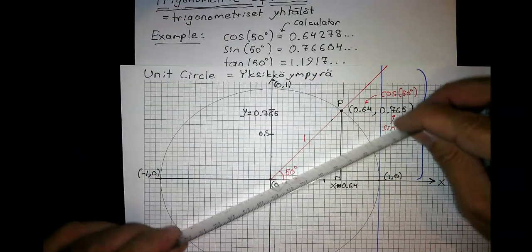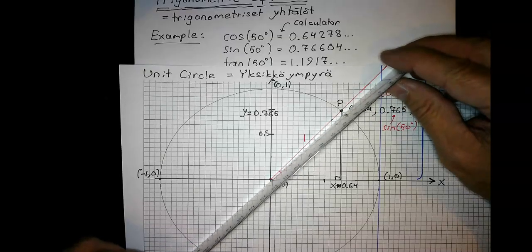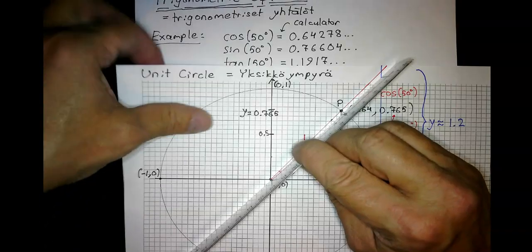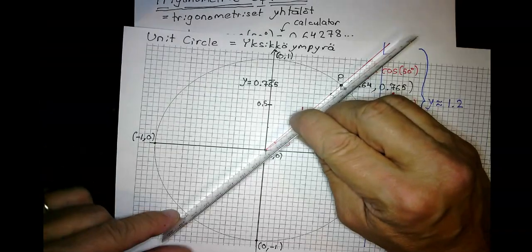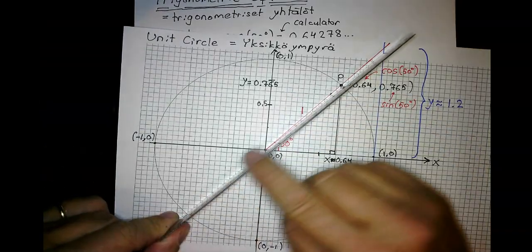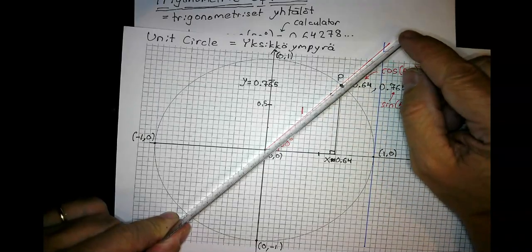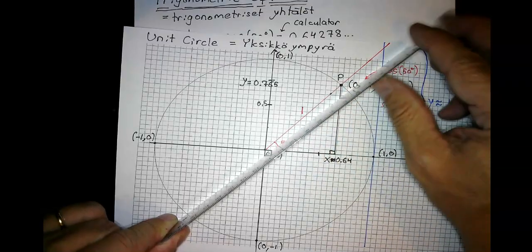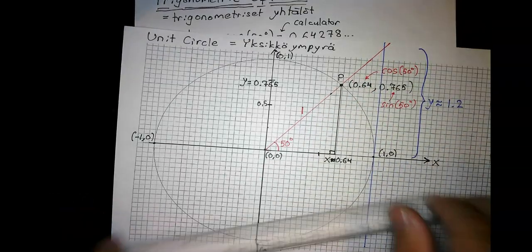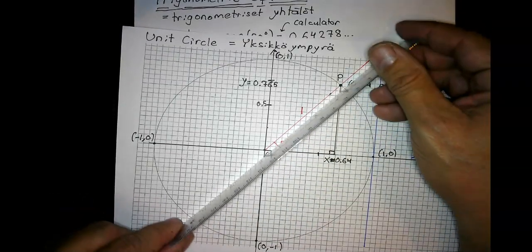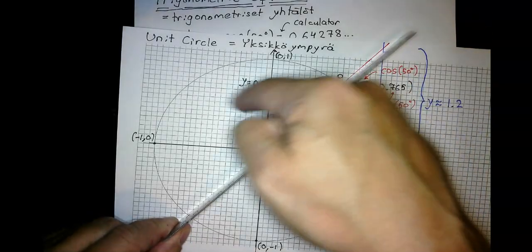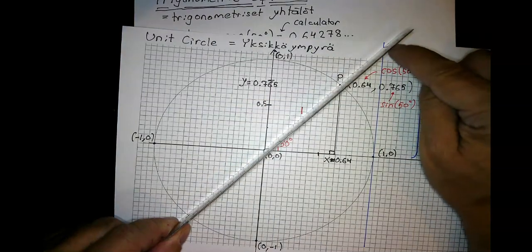But what happens here? Now we are at this point there, but this line goes through the same line as this 50 degrees line. So we notice that when we have added 180 degrees to the angle, we got the same tangent point there.